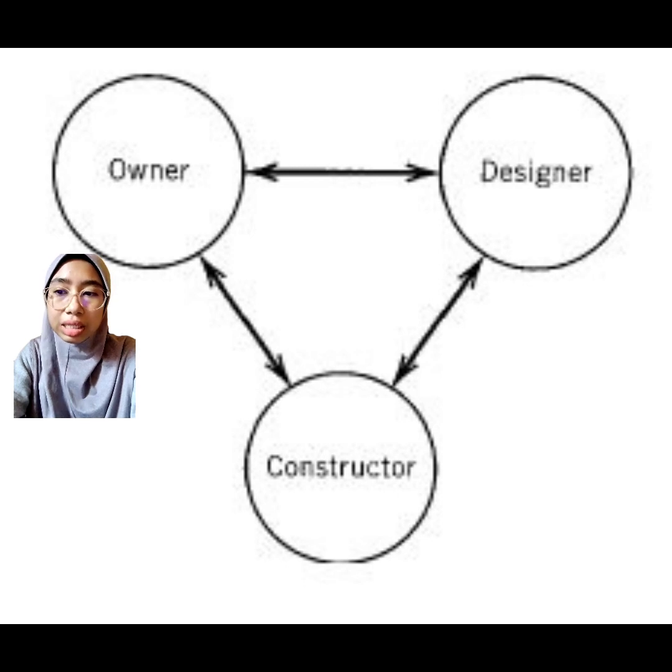The owner is the initiator party that pays for the facility and will own it after construction is completed. And the owner could be public, that is government, or a private individual or business entity.